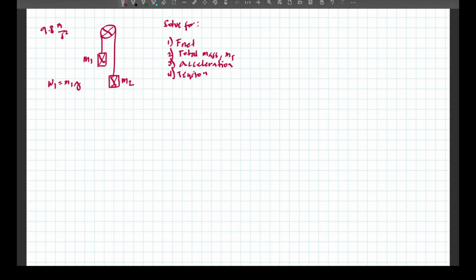Alright, so let's give values for our mass 1 and our mass 2. Let us assume that our mass 1 is, say, 10 kilograms. And for our mass 2, let's say that it is 15 kilograms. Alright, to determine weight 1, we just plug in the values. For M1, it's 10, and for G, it's 9.8 meters per second squared.